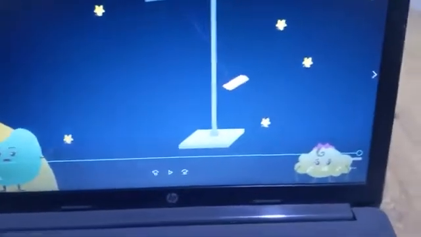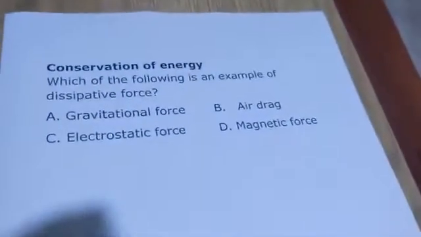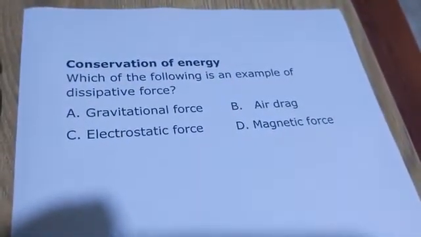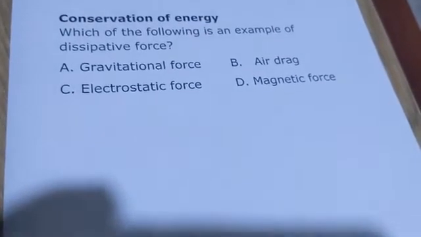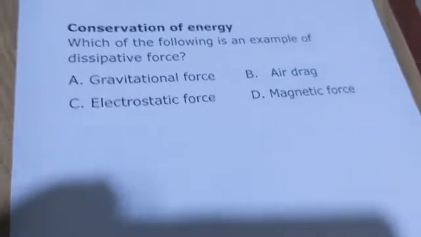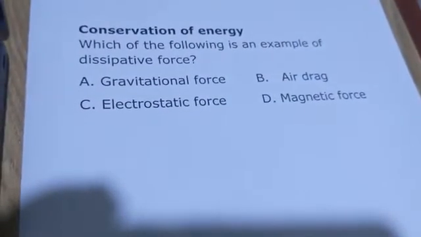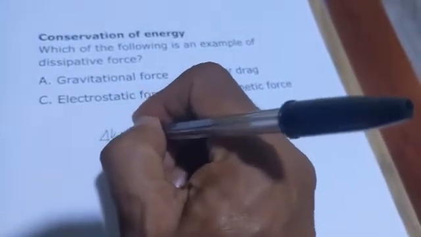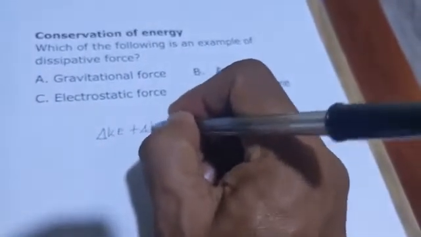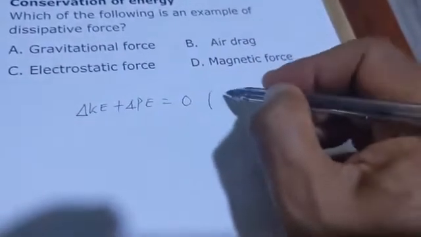Now let's take an example. Which one of the following is an example of a dissipative force? When you say dissipative force, it is a non-conservative force. For a conservative system, the change in kinetic energy plus the change in potential energy is equal to 0, and this condition holds true.